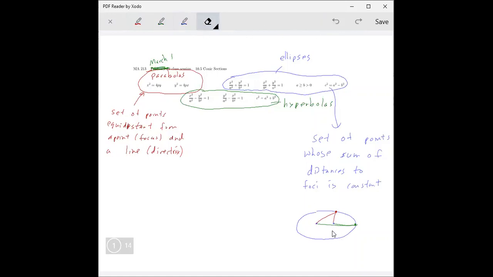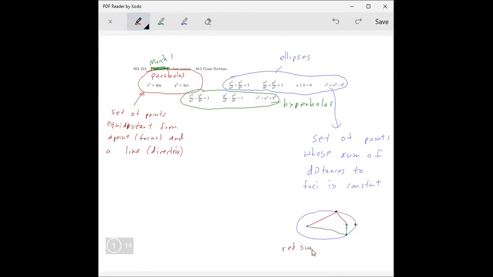Oops. Hold on. Let me try to draw a better one. Here the foci are going to have to be out further towards the extremes. Maybe that works, maybe not. So essentially, for any point on the ellipse, you'll have two distances. You'll have this distance and that distance. So here I have that distance and this distance. Okay, now the sum of the two red distances has to equal the sum of the two green distances.